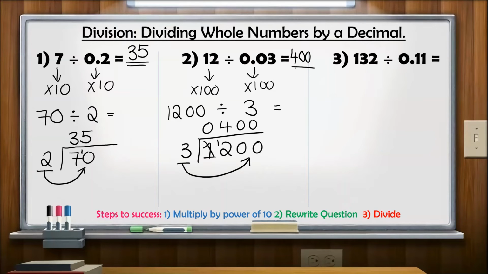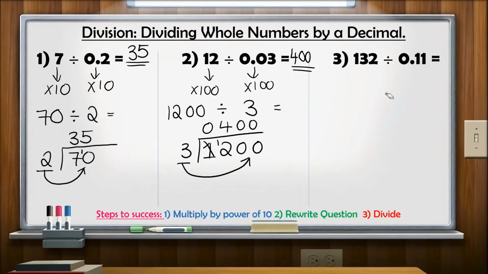Now on to my final example. 132 divided by 0.11. I'm going to use the same steps to success as I have done for my previous two examples. So I want to convert 0.11 to the smallest whole number it could be. And I'm going to check that I have to multiply it by 100. So 0.11 will become 11.